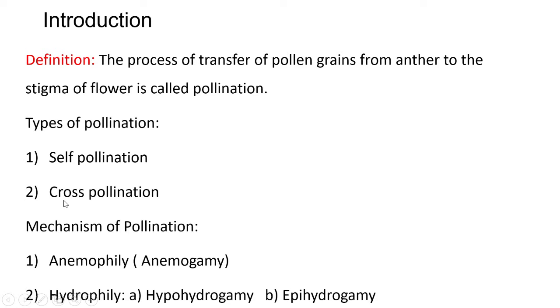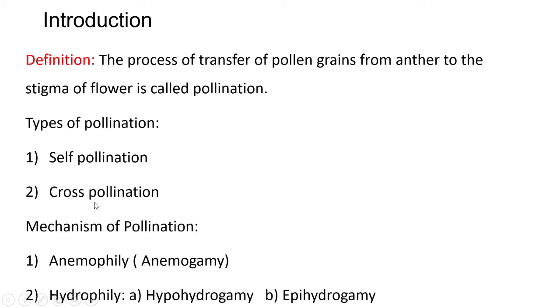Second type of pollination is nothing but the cross-pollination. When the pollen grains are transferred from an anther of one flower to the stigma of another flower borne on a plant of the same or different species, this process is called cross-pollination.